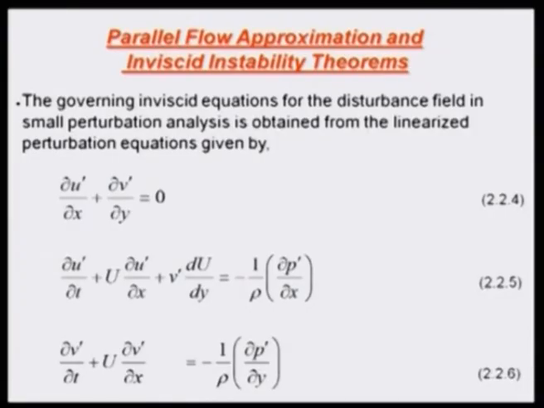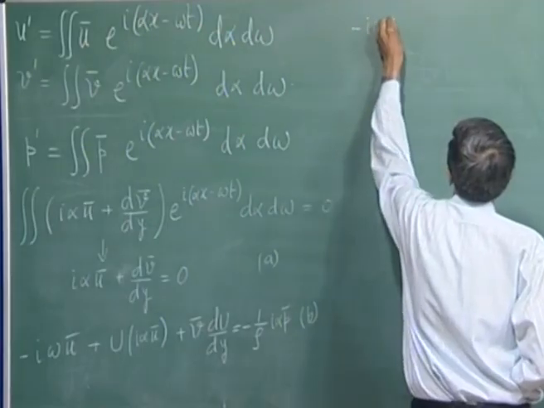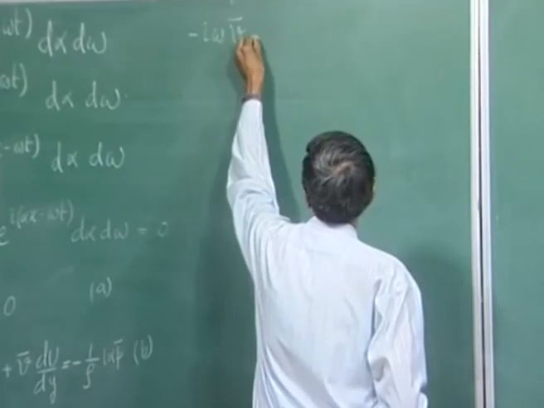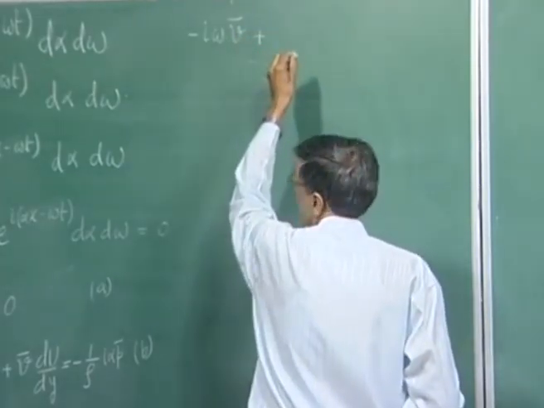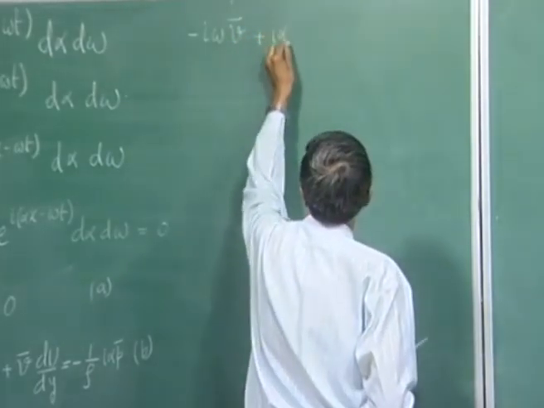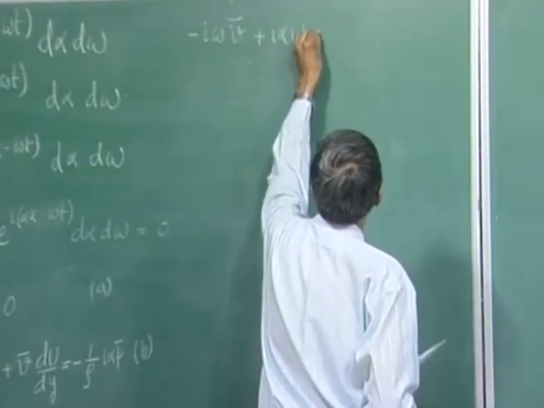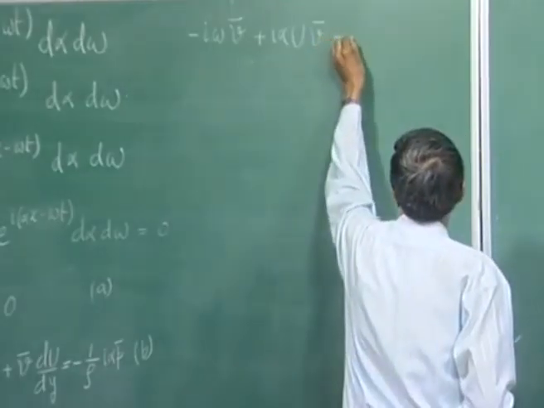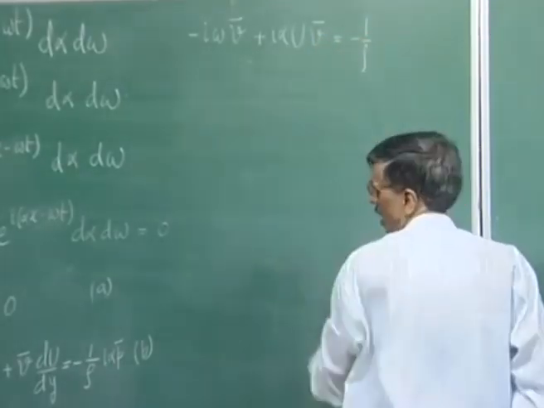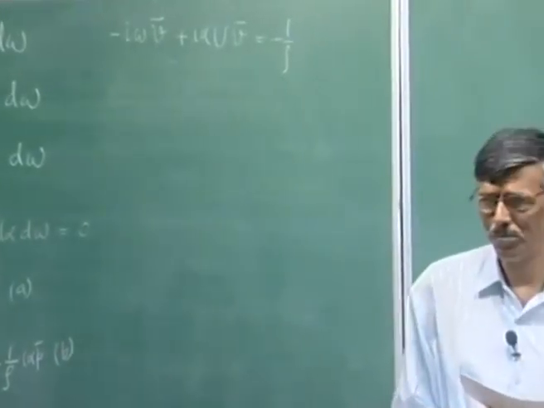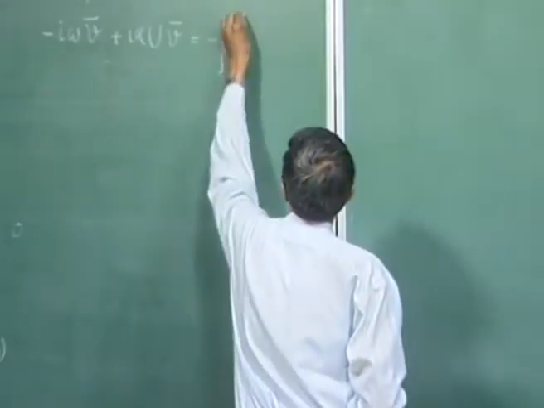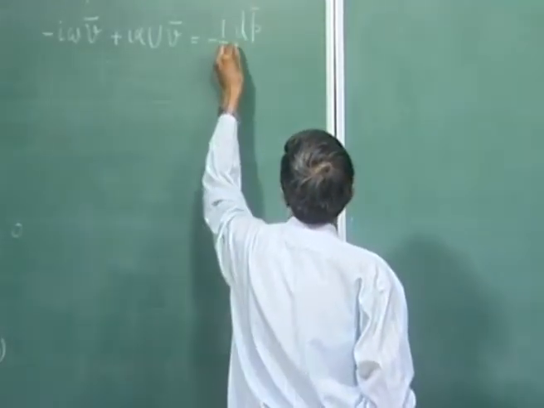Del v prime del t will give us simply minus I omega v bar, and u times del v prime del x will give us I alpha u v bar, right? And on the right hand side, I will have 1 upon rho. And what about del p prime del y? That will be simply dp prime dy.